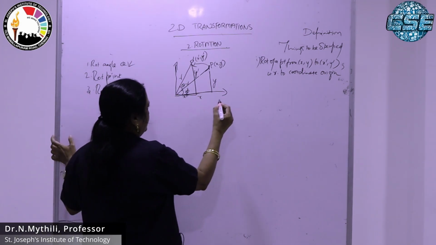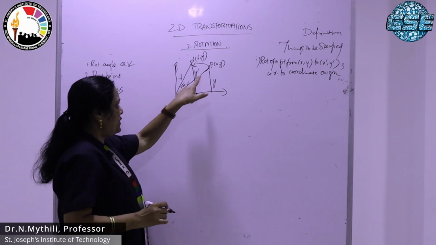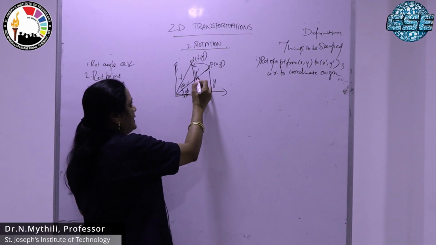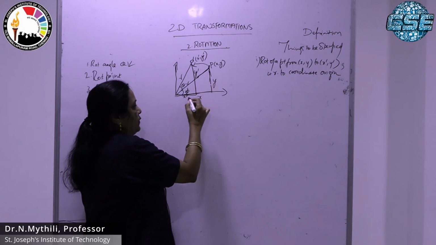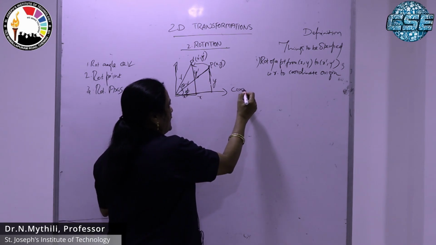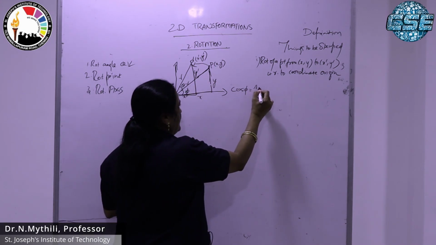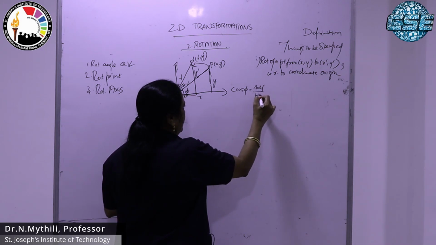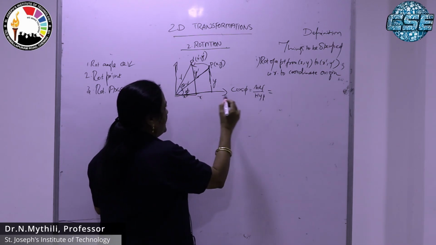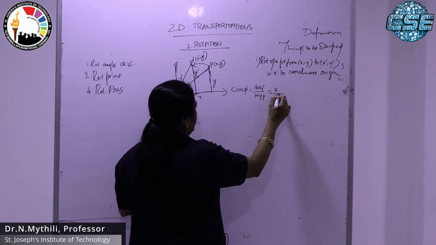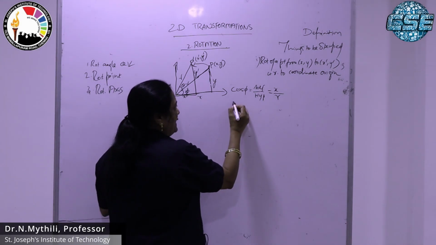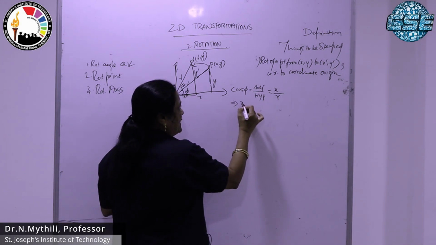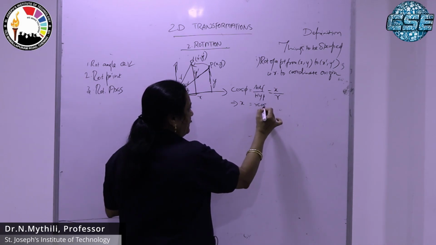Now for this triangle, cos phi is equal to adjacent side by hypotenuse side. Okay. So the adjacent side is x, the hypotenuse distance is r. So x by r. So when you cross multiply, you will have x is equal to r cos phi.